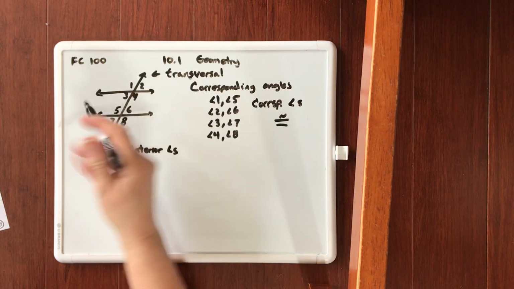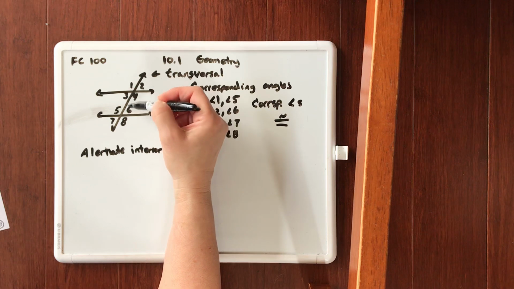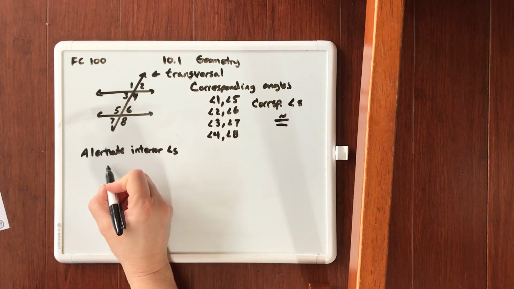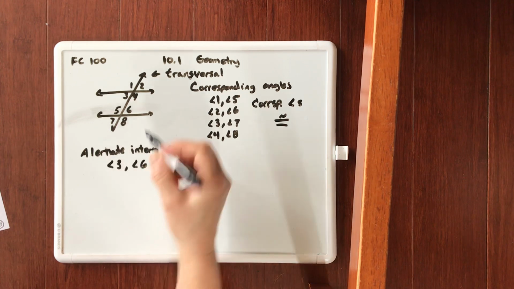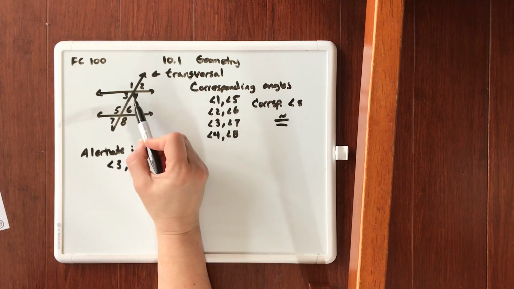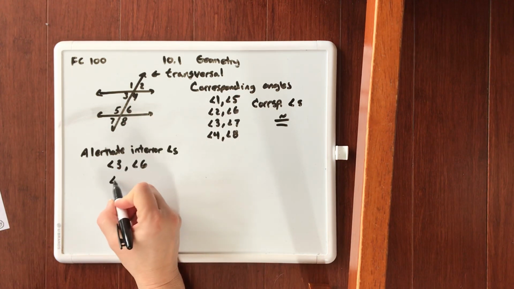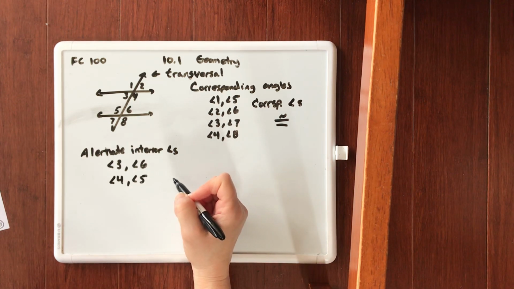So alternate interior are these angles. Angle 3 and angle 6 are alternate interior angles. You see another pair? Of course you do. Angle 4 and angle 5 are alternate interior angles.